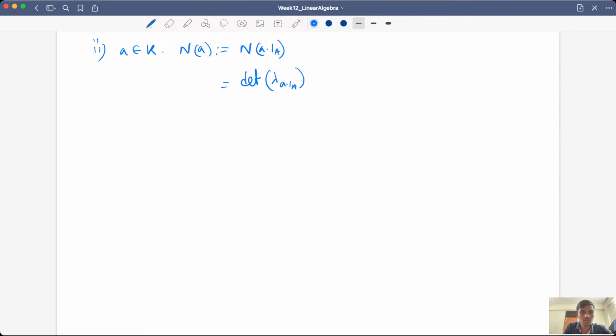Suppose we fix some basis, for a fixed basis, say v1 through vn of A over K. That means I am also assuming the dimension of A over K is n.